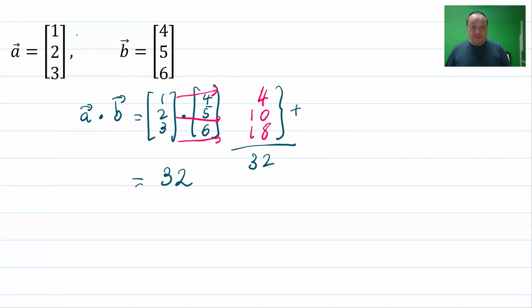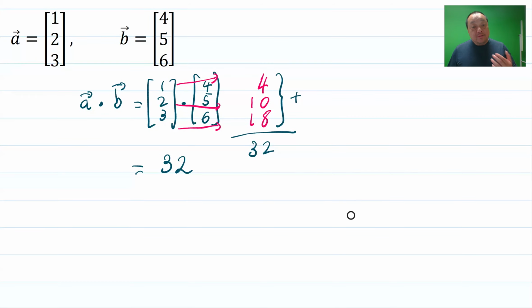That's the dot product. There's a very natural, real-life meaning of the dot product, and it makes sense, and that is this. If you imagine that A is the list of prices of three things. So there's some object that costs $1 a piece, something else that costs $2 a piece, and something else that costs $3 a piece.